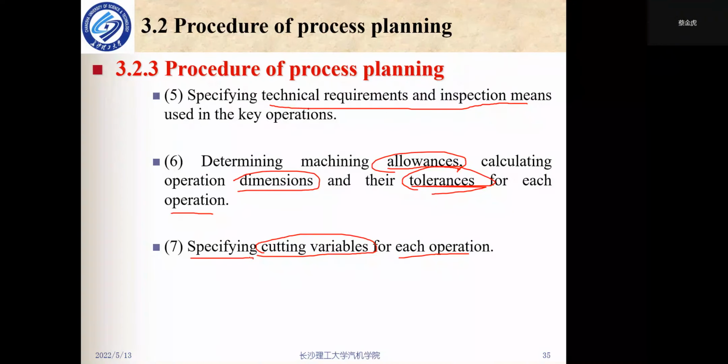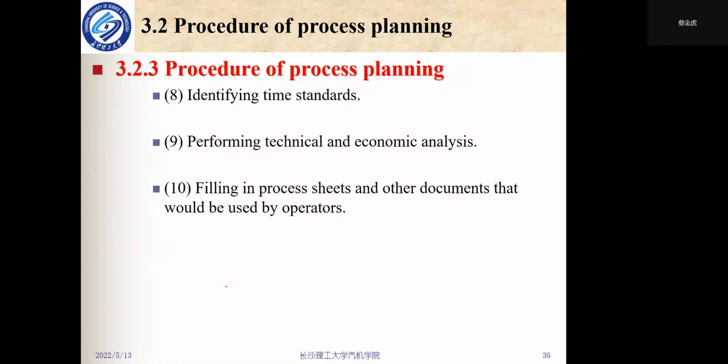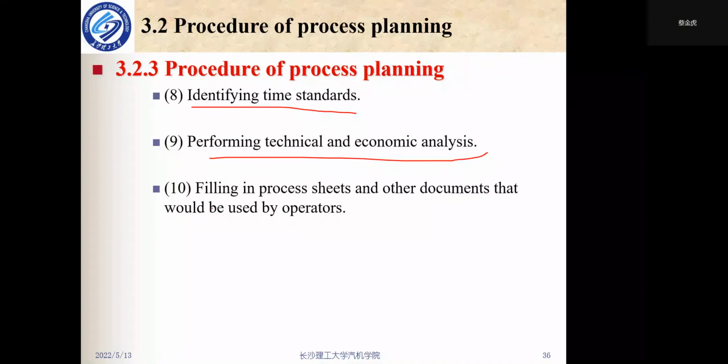In medium volume, especially in large volume and mass production, in order to ensure production balance and machining quality, cutting variables are specified clearly in operation sheet and not allowed to modify them. The next one is identifying time standards. The ninth is performing technical and economical analysis. The last one is filling in process sheet and other documents that would be used by operators.